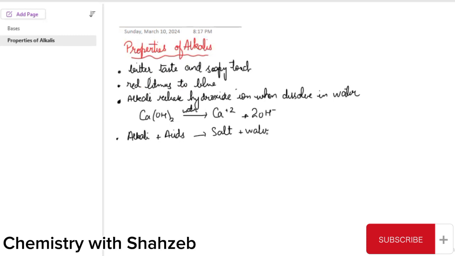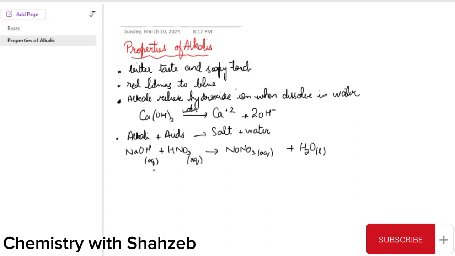We know sodium hydroxide, when it reacts with HCl or HNO3, for example, both are in aqueous form. This is also in aqueous form, and they form a salt, which is sodium nitrate, in aqueous form, and water, which is in liquid form. We have already discussed that aqueous form is something dissolved in water.